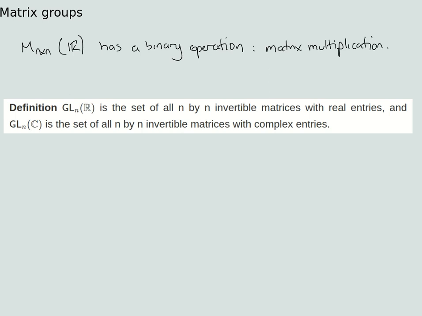So if you have two n by n matrices, you can always multiply those things together. You get another n by n matrix. So matrix multiplication is a binary operation on the set of n by n matrices over the real numbers, for example. But Mn(R) together with matrix multiplication is not a group. And the reason is the same reason we keep seeing. It's not going to obey the inverses axiom.